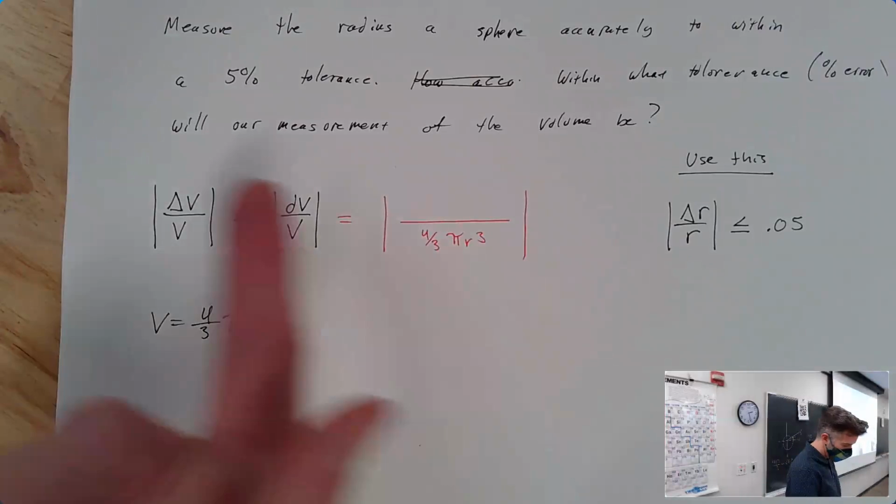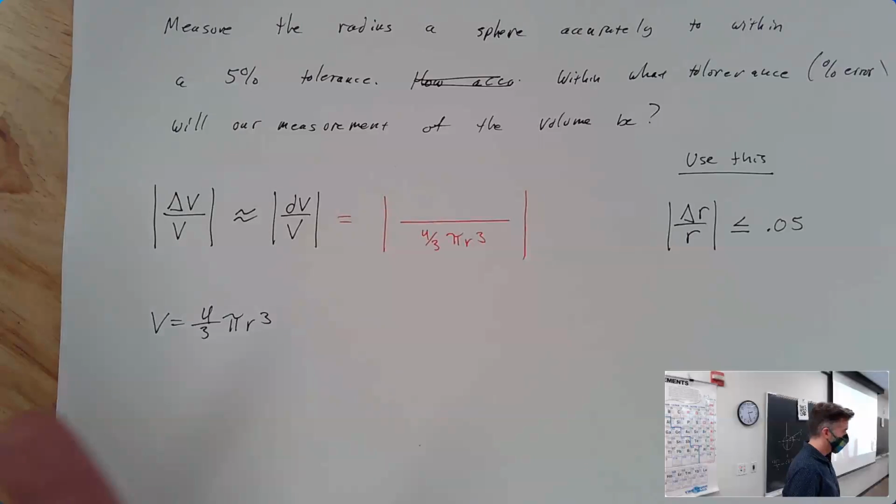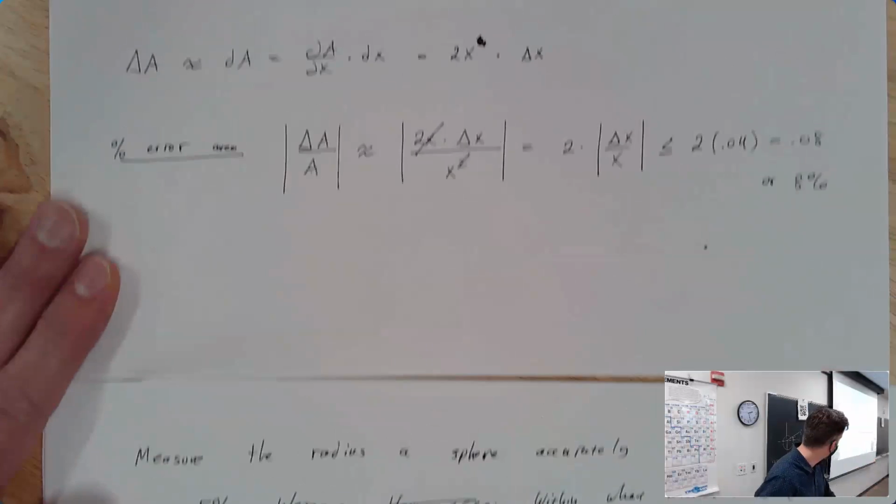When we're doing this sort of approximation, we're saying that the change in the function is approximated by the differential dV, but the change in the independent variable r in this case is not approximated. It is actually what we're calling delta r. So dr and delta r are literally interchangeable, just like in the previous problem.